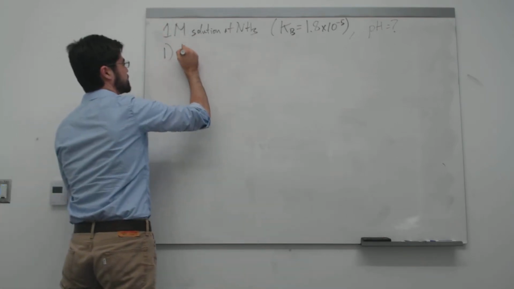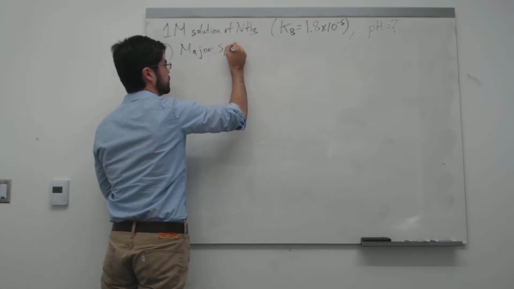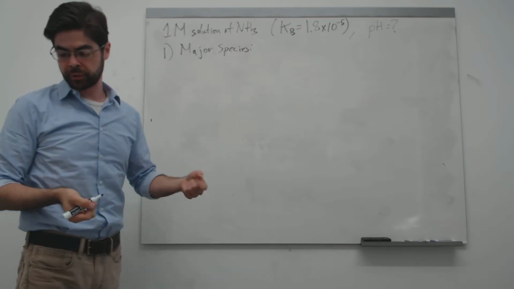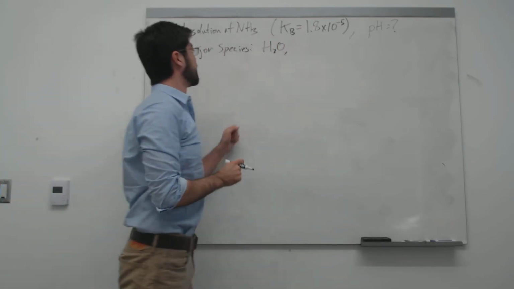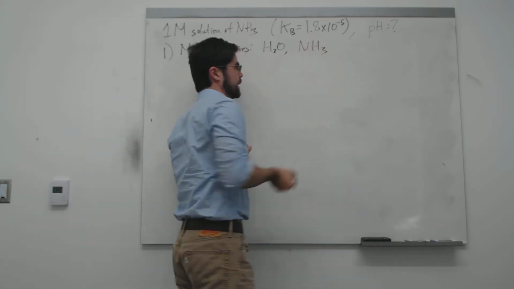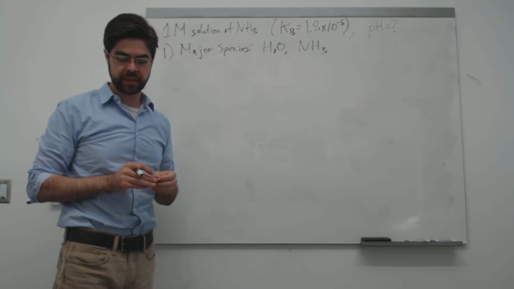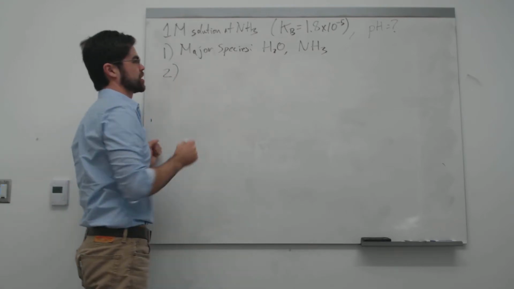So standard analysis, major species present in solution. Well, it's an aqueous solution, so there will definitely be water. There will be ammonia present, certainly. And that's it in terms of major species. Any reactions that can occur?